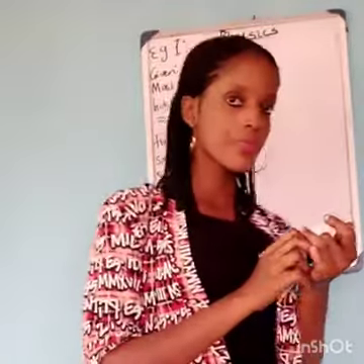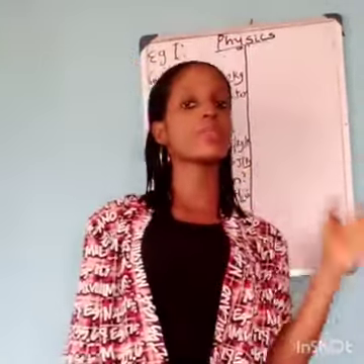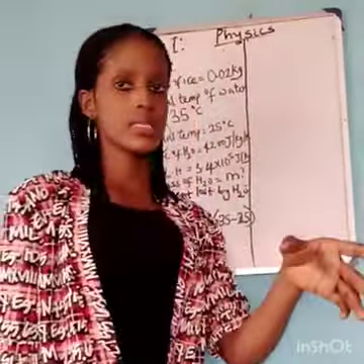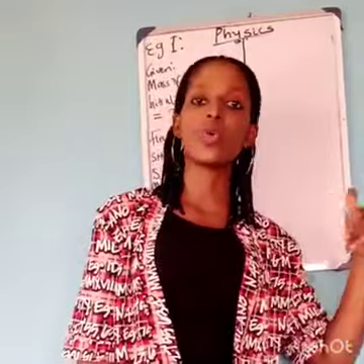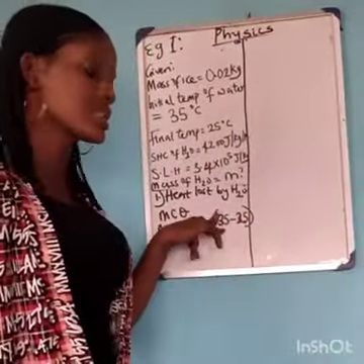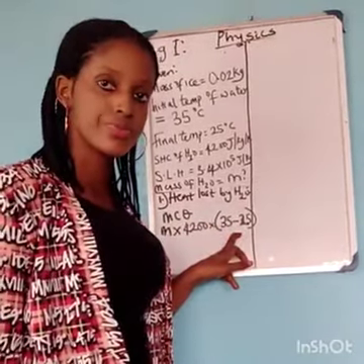Please note, once the body is losing heat, it should no longer be final temperature minus initial temperature, because the initial temperature will be higher than the final temperature. That's why I'm now using the initial temperature, which was 35, minus the final temperature.